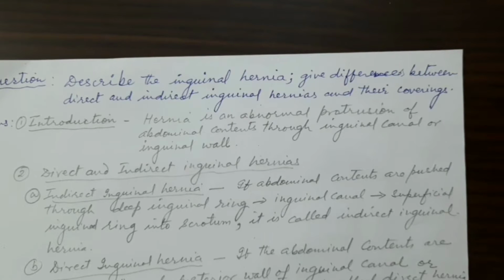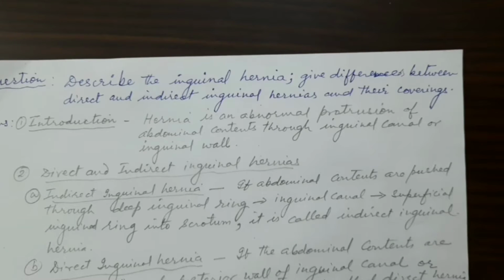And when it protrudes through the inguinal canal, which we have learned in the last video, then this protrusion of the abdominal content through the inguinal canal is called the inguinal hernia. So what is inguinal hernia?